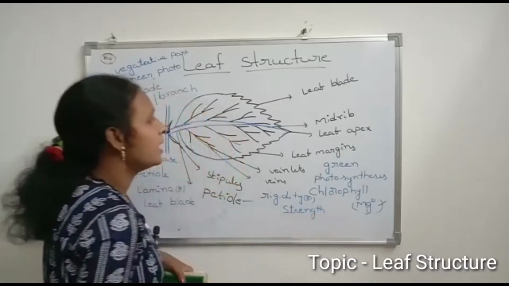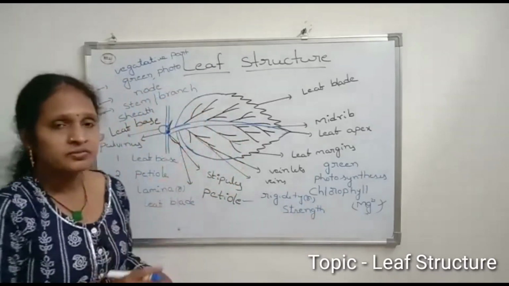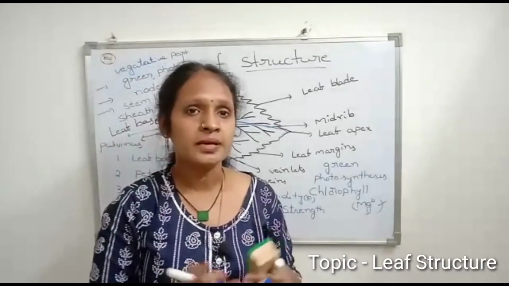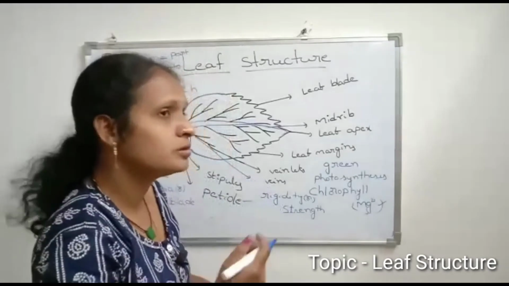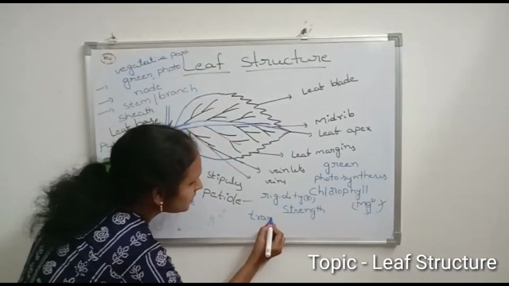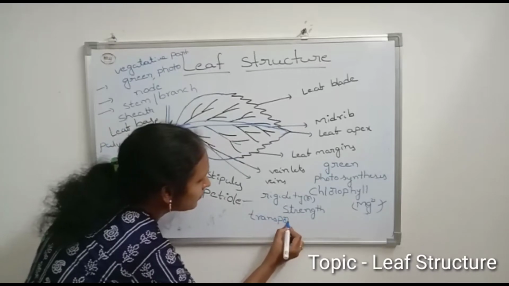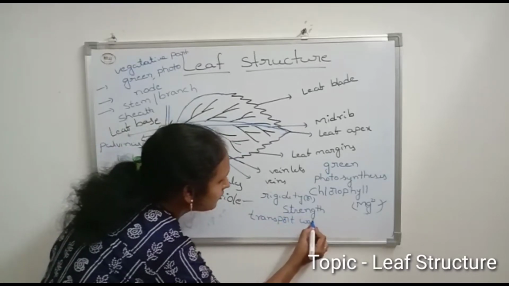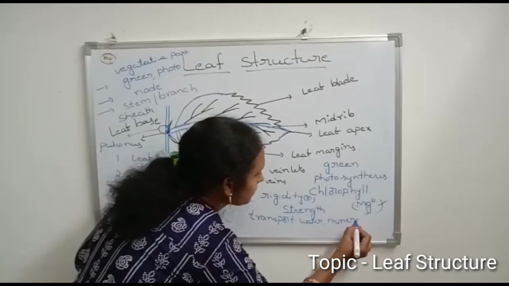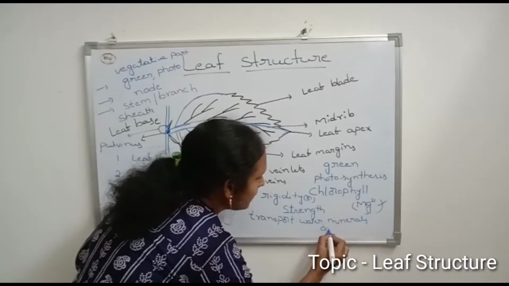These veins and veinlets also act as channels to transport water, minerals and food to other parts of the plant.